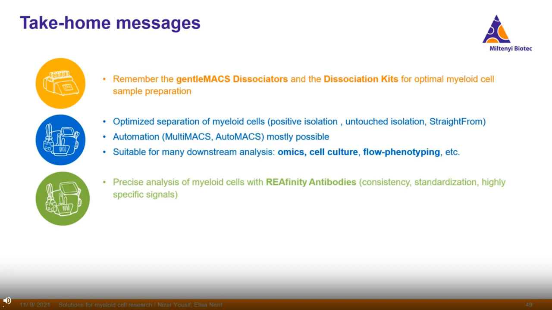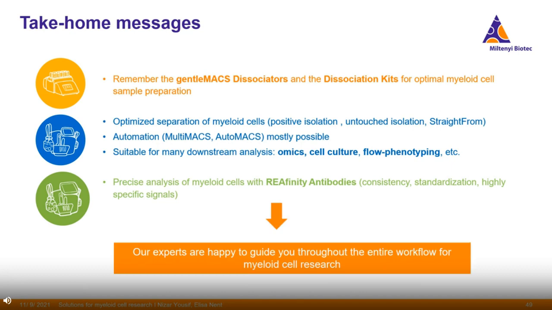The cells isolated with our cell separation technology are suitable for many downstream analyses, omics, cell culture, flow phenotyping, etc., and precise analysis of myeloid cells with REAffinity antibodies, so consistency, standardization, and highly specific signals. And most importantly, our experts are happy to guide you through the entire workflow for myeloid cell research. And here, I will hand over to my colleague, Elisa, and I thank you for your attention.